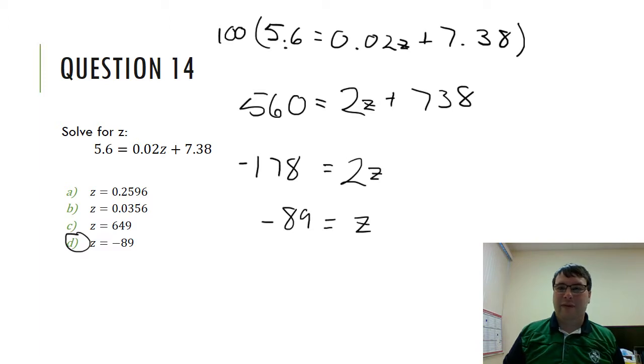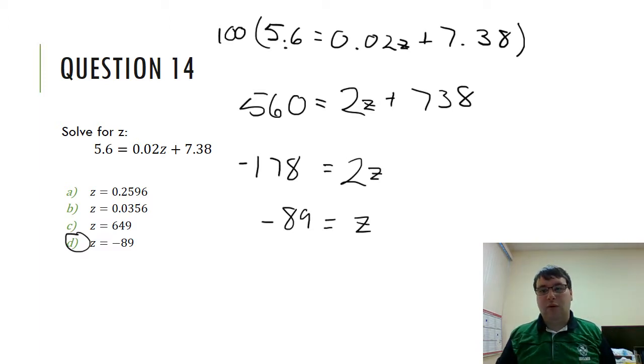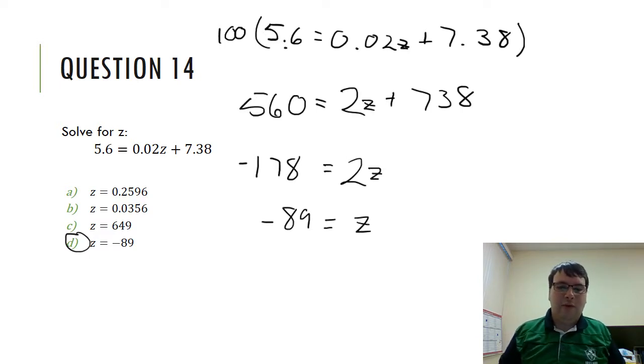Negative 178 divided by 2. Oh, that's crazy. Well, think of it as like a negative 180. Half of that is like negative 90, but it's 2 less. So it's really more like just a negative 89. It's not that bad. You just got to use your skills. So answer choice D is our correct value here.